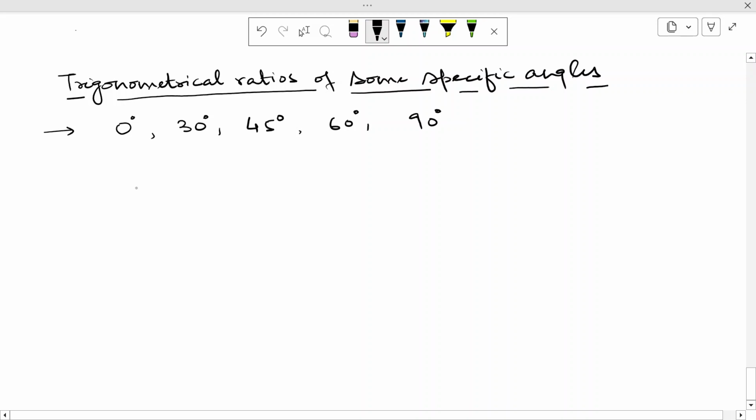So, let us again write these angles: 0 degree, 30 degree, 45 degree, 60 degree and lastly 90 degree. The only thing you have to learn is the first row, which is of sin theta.